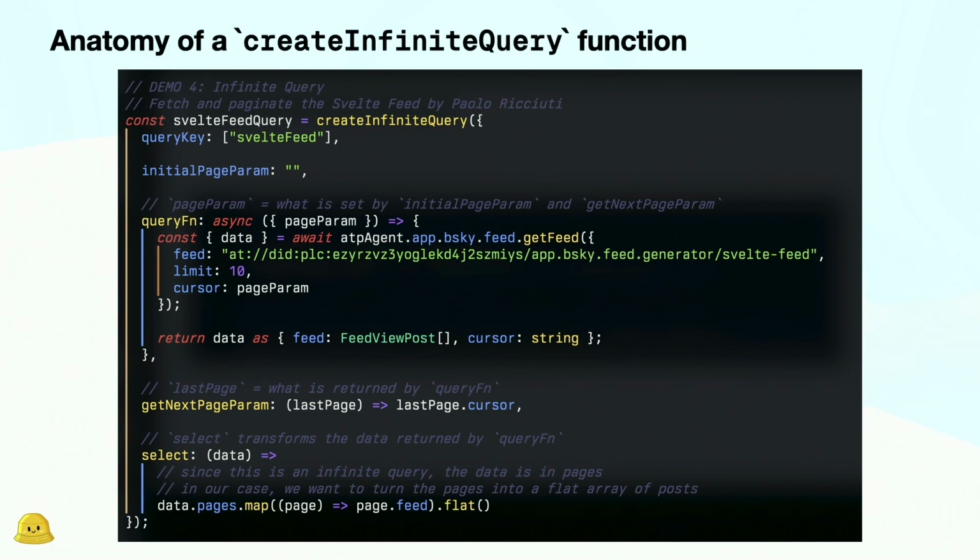So when we get the feed and return the data, we return both the feed and the cursor. And then whenever we want to get the next page, we want to ensure that the cursor is getting returned correctly. So when we return the data with the cursor, when we fetch the next page param, we go to the last page, find the cursor, and then we're going to pass it back into the query function.